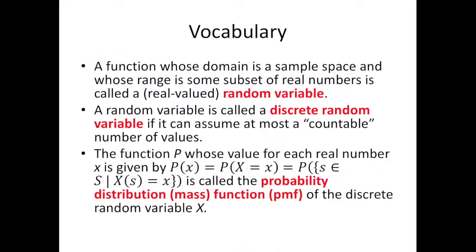So kind of to summarize what we've talked about so far, some vocabulary here. A function whose domain is a sample space and whose range is some subset of the real numbers is called a real-valued random variable. A random variable is called a discrete random variable if it can assume at most a countable number of values. So for our example with rolling 2 dice, there are 36 possible outcomes in that sample space.